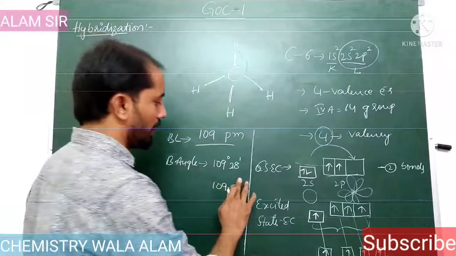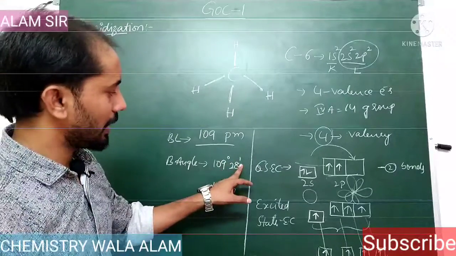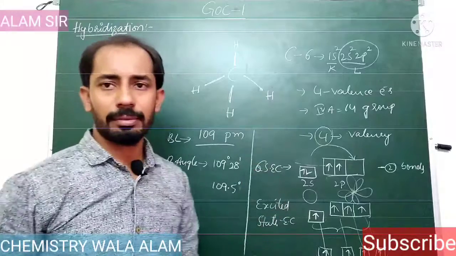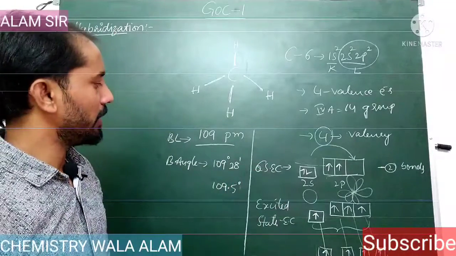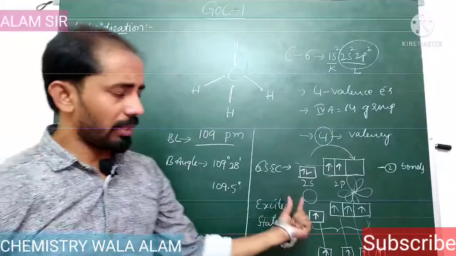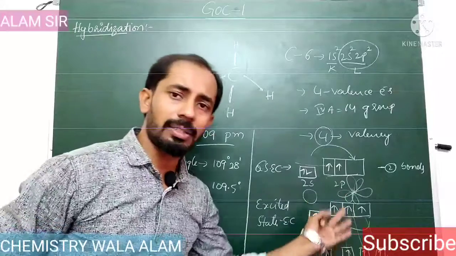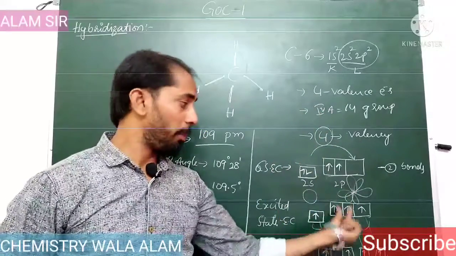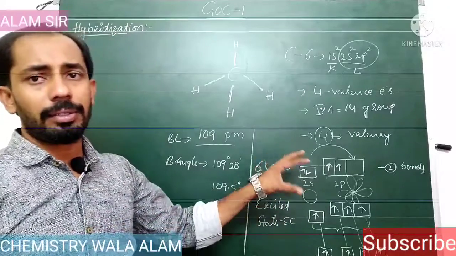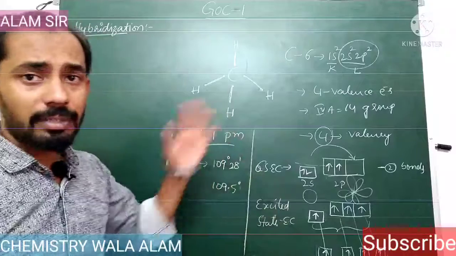The bond angle in the methane molecule is observed to be 109 degrees 28 minutes, because 60 minutes equals 1 degree. So how is this possible? If 1 electron is present in the s orbital and 3 electrons are present in the 3 p orbitals, then the bond lengths and shapes of the molecule are expected to be different, and bond angles should also be different.